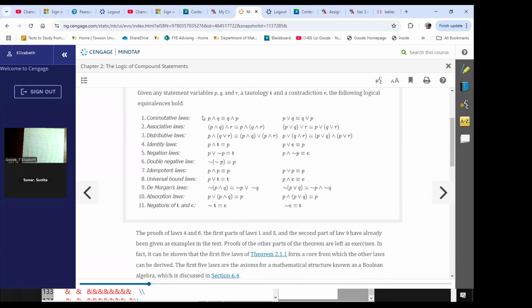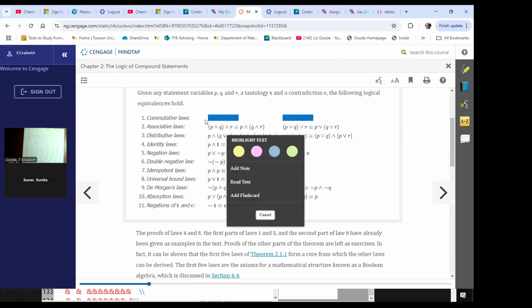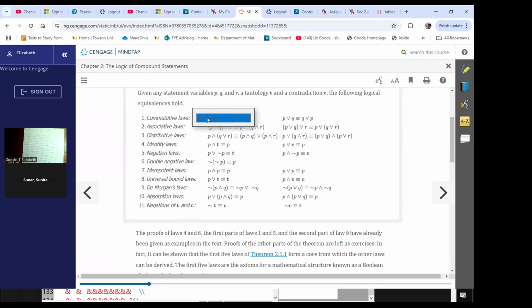So we have the commutative laws that tell us that the and operator doesn't care which side the Q is on or which side the P is on. Same with the or operator. It says P or Q is the same as Q or P. Now the associative laws say if all we have is and operators, it doesn't matter whether we evaluate P and Q first or Q and R first.